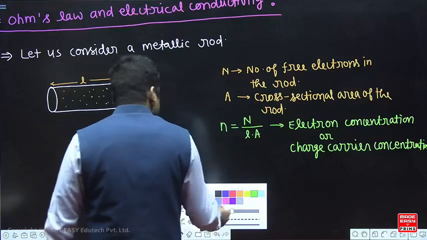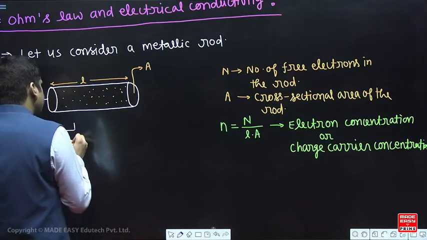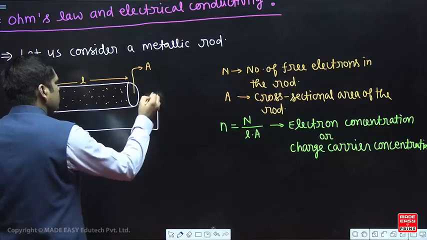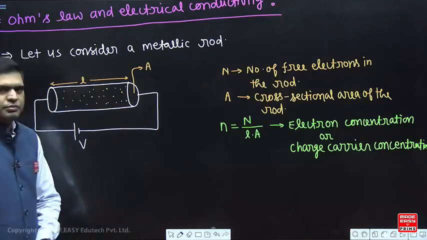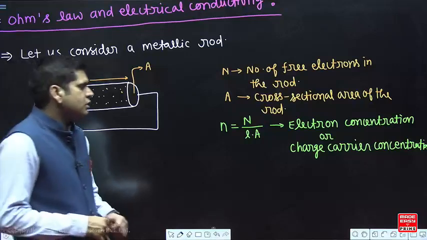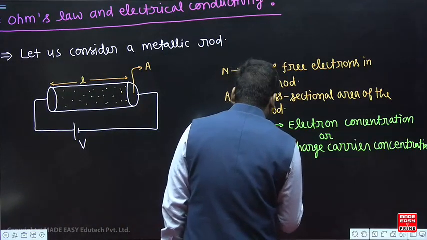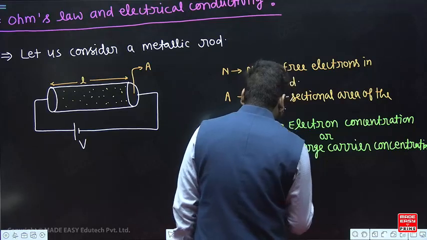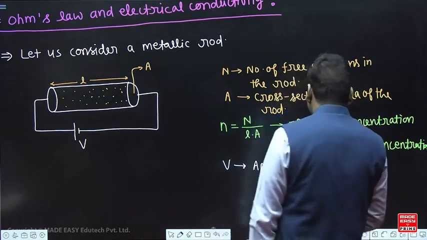Now on this material, let us suppose we apply a voltage. Voltage is applied between 2 points, means across the length. So V is the applied voltage, and we define a quantity that is known as electric field intensity.